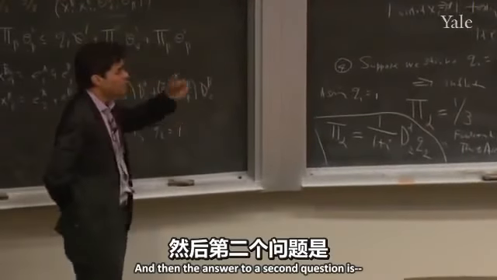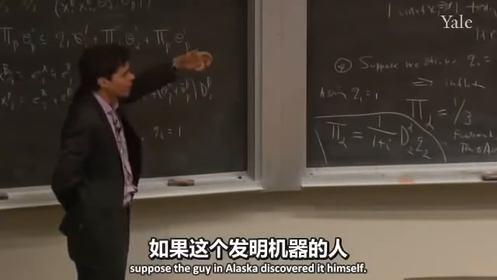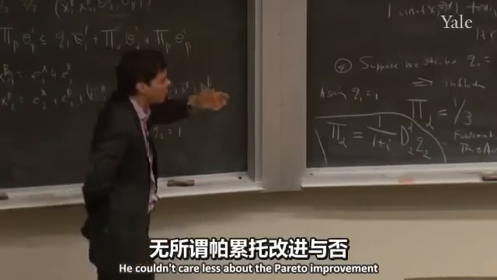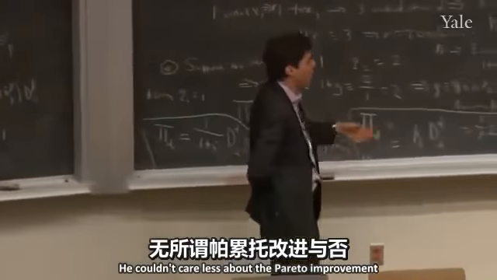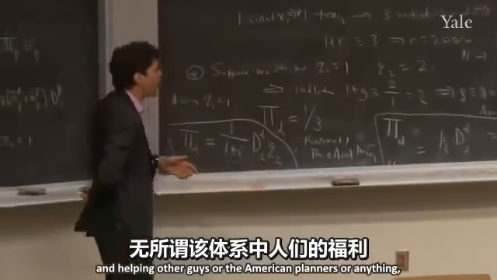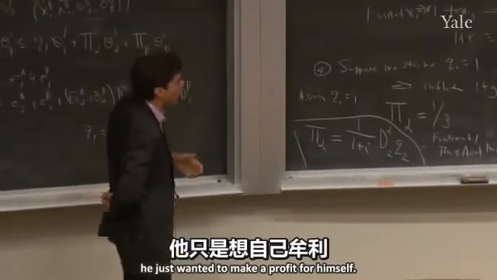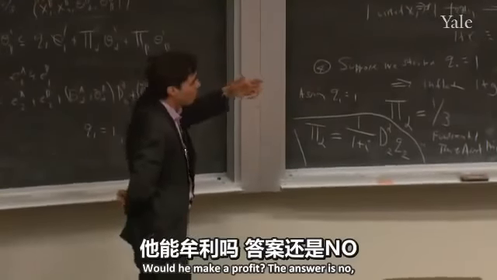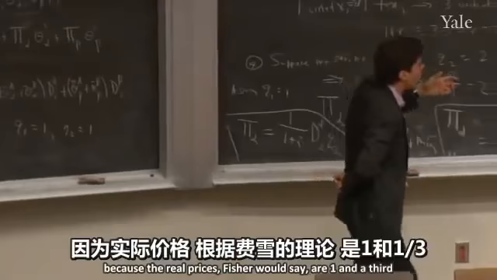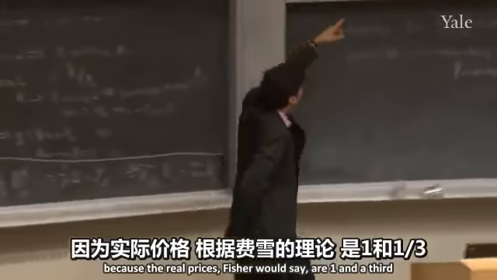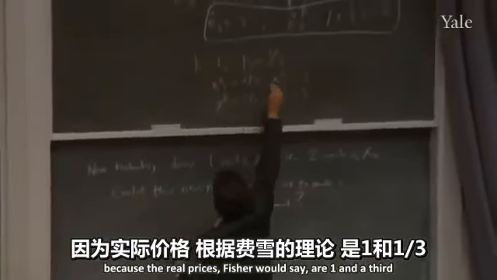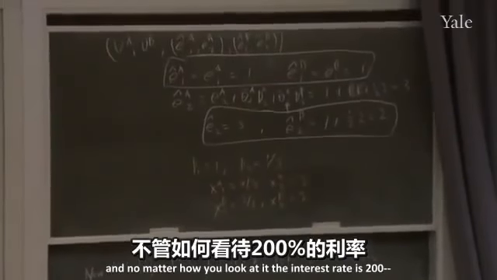The second question is, suppose the guy in Alaska discovered it himself. He couldn't care less about the Pareto improvement and helping other guys or the American planners. He just wanted to make a profit for himself. Would he make a profit? The answer is no, because the real prices, Fisher would say, are 1 and 1/3.